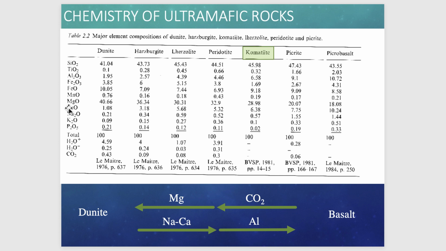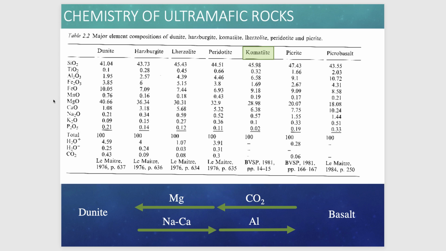More primitive magmas, such as the ones that form peridotites, will have relatively low alkalinity, and you can see the clear distinction here. The picrobasalt has much more calcium, for example, and definitely more sodium, and almost 50 times more in terms of potassium.